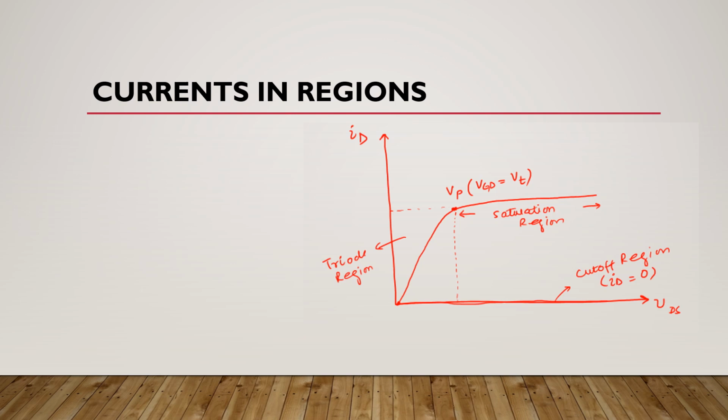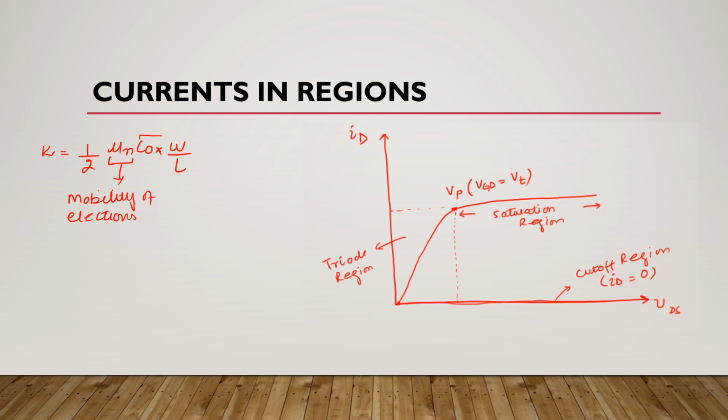The equation of transconductance parameter is this, where this term is mobility of electrons.